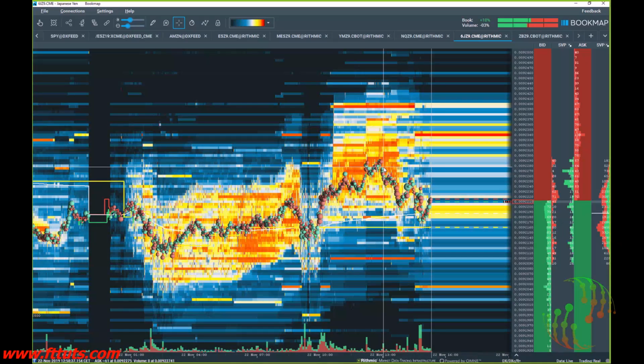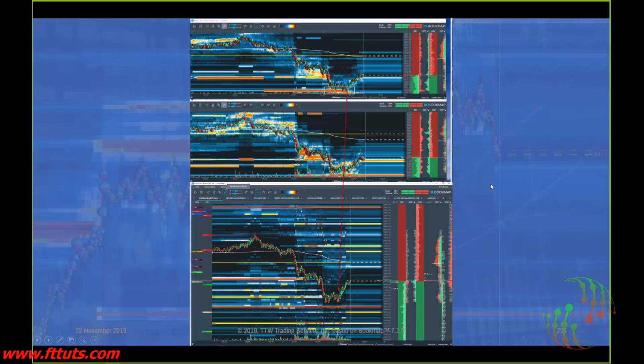Now we have a good correction since 1 p.m. my time, and now the yen is rising again, maybe against this level here. And if this happens, then be sure that ES is going to be sold here.